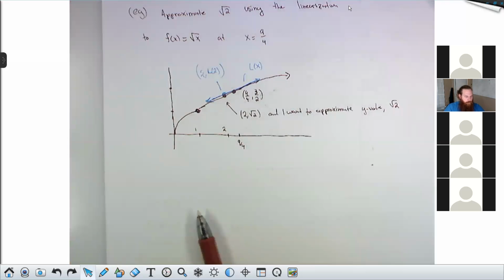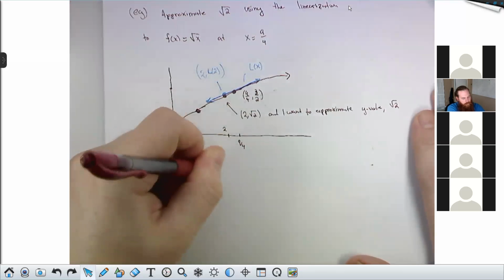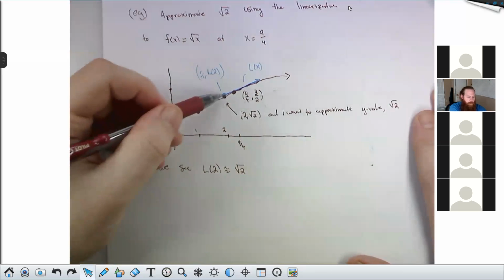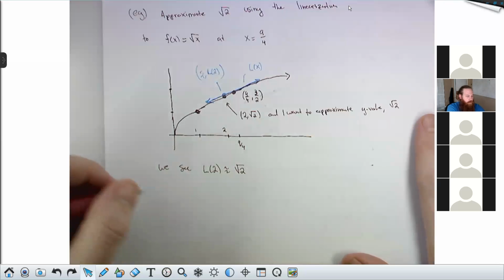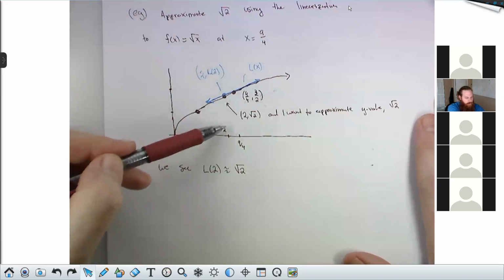And I think probably everyone would agree that just from the picture, we can see that L of 2 is very, very close to the square root of 2, because the blue point here and the red point here are very, very close in height. So I calculate the linearization of this function at x equals 2.